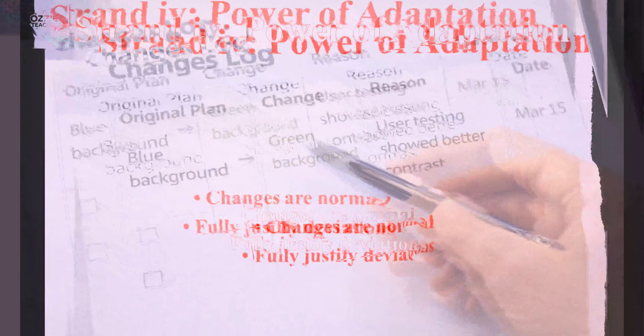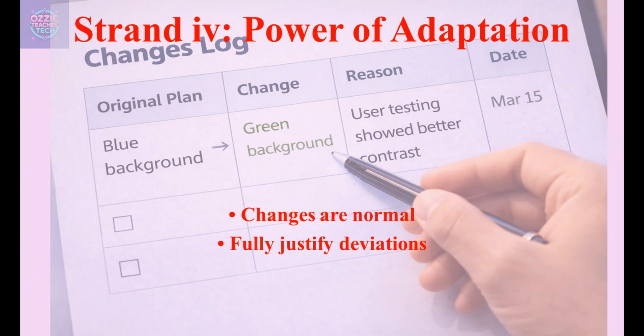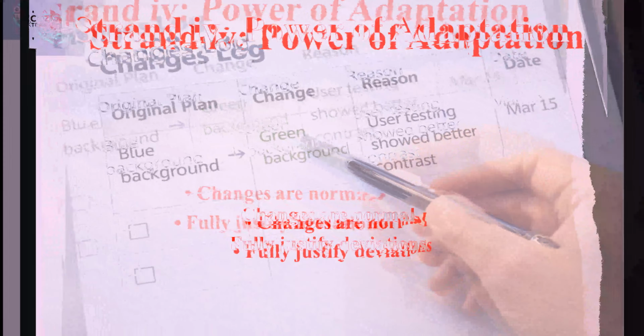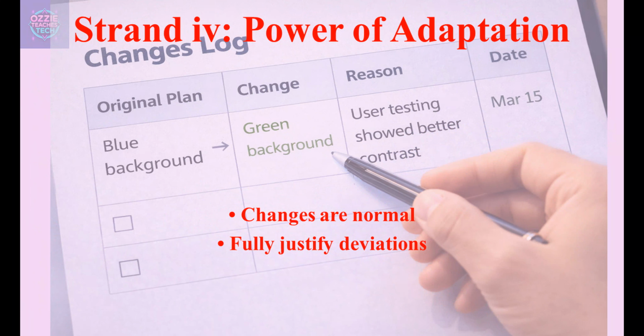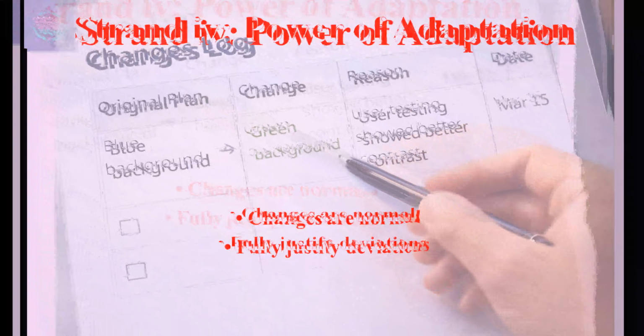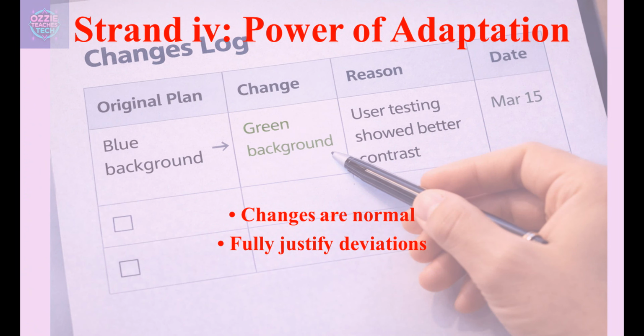How can we justify the changes properly? A bad justification: I changed the color from blue to green because I like green better. A good justification: I changed the color scheme from blue to green after user testing revealed that my target audience, elementary school students, found that bright green was more engaging and easier to read.